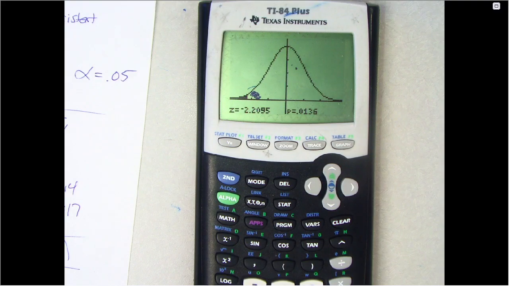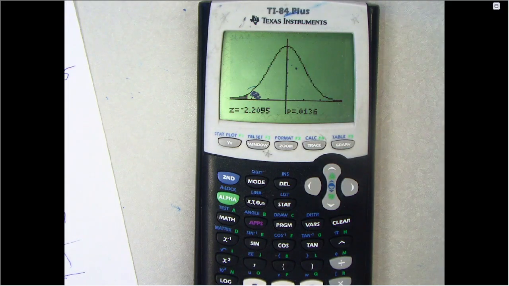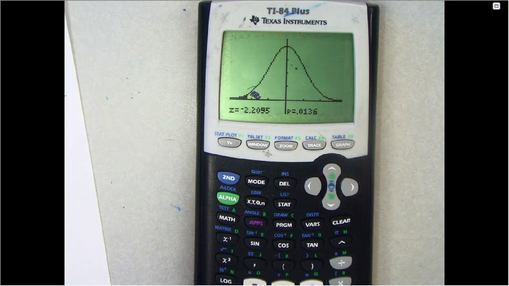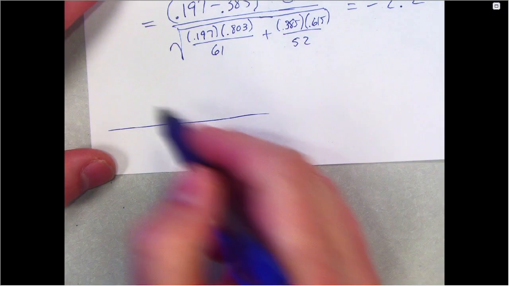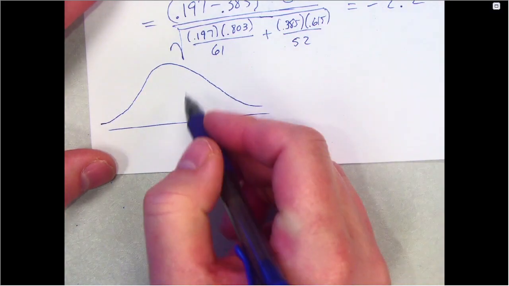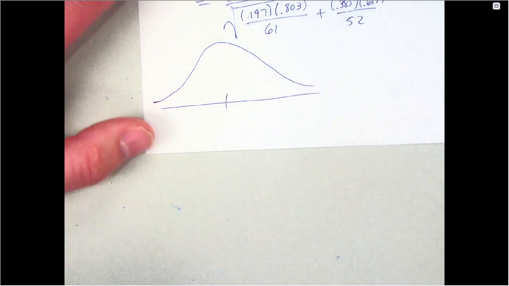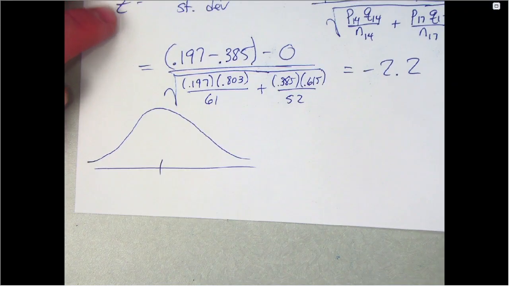So there's my draw, and I get my z-score and my p-value. My z-score I'm going to write down as negative 2.2. I know that's the p-value, but remember you have to jump through the hoop and pretend that you found it. So let me make a sketch and then we'll review how to do that. Z equals negative 2.2 on the right or the left?